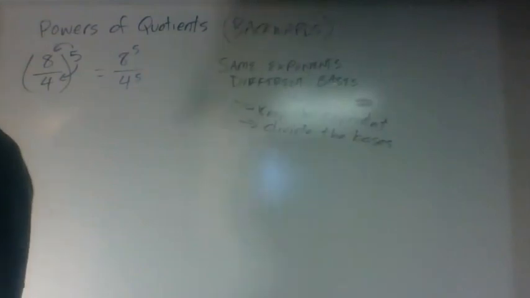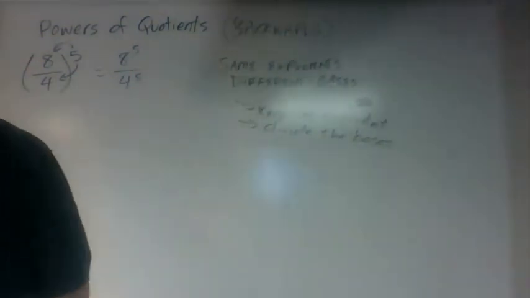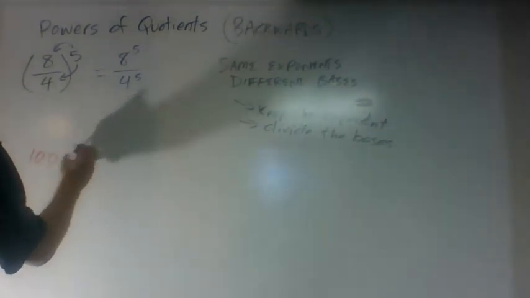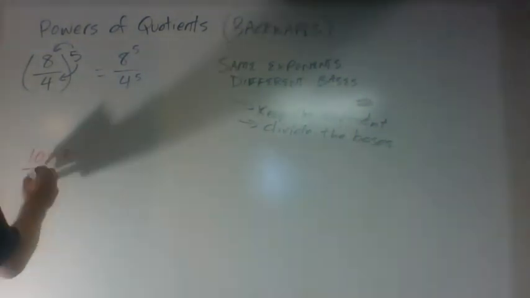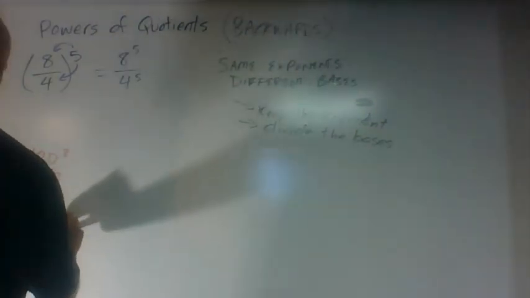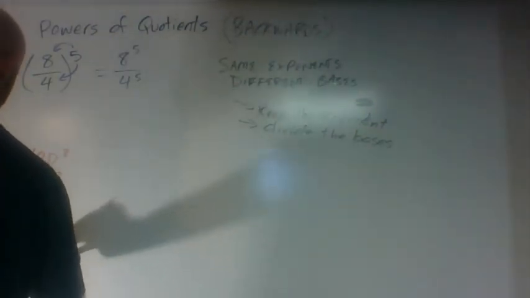All right, so I'm gonna write 2 more like this up here. Let's say 100 to the 3rd over 5 to the 3rd, and 4 to the 15th over 20 to the 15th.